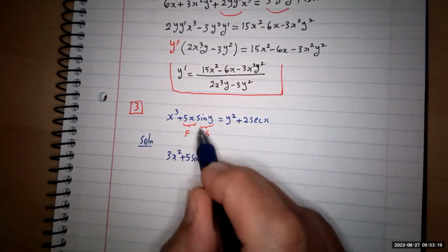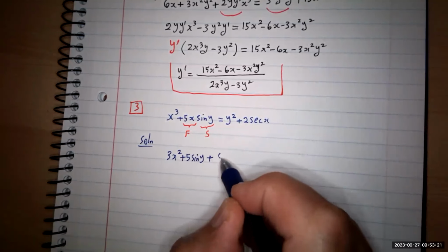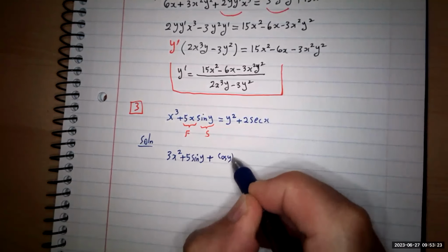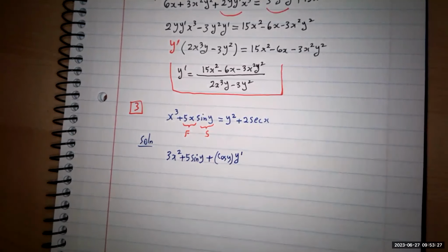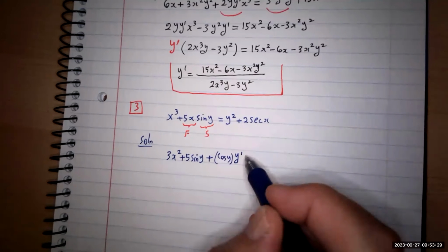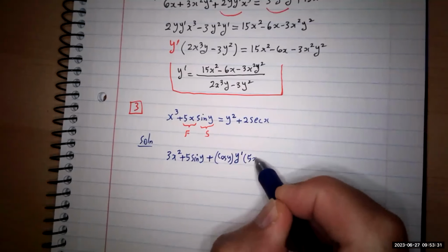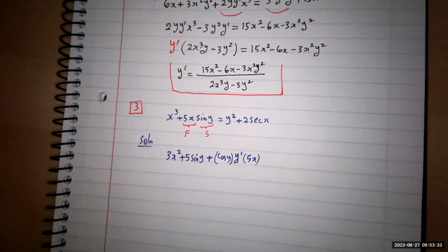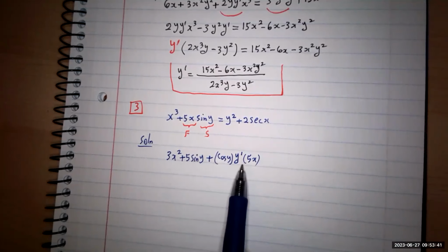The derivative of sine is cosine of y, but you have to multiply by y prime. Okay, that's the derivative of the second times the first function, times 5x. So derivative of x cubed, 3x squared, derivative of the first times second, and the second times first.